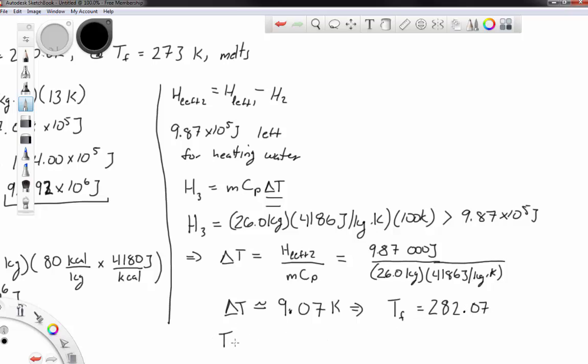The final temperature is 282 Kelvin, or if you will, 9 degrees centigrade.